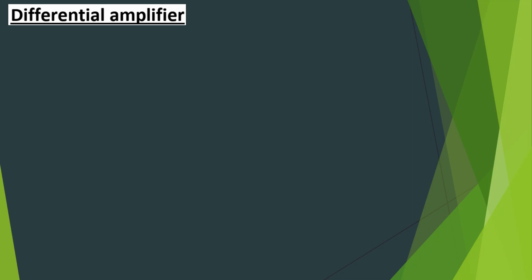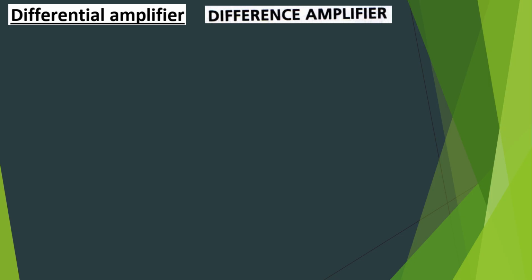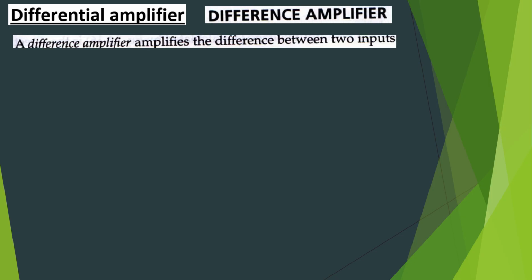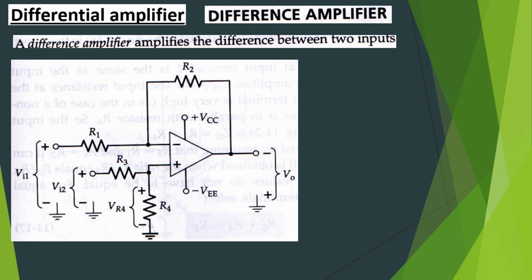Next we move on to the differential amplifier. This is also called a difference amplifier. A difference amplifier amplifies the difference between two input signals. So this is the circuit of a differential amplifier or difference amplifier.